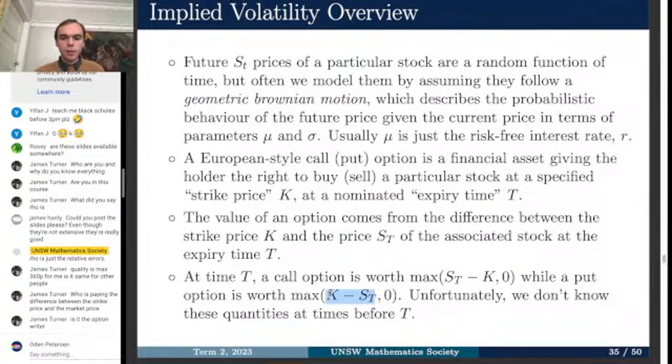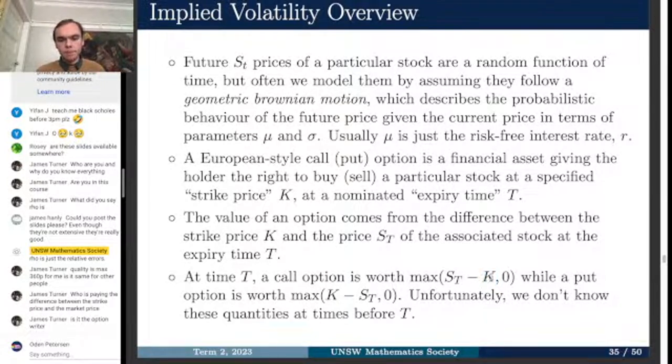And so if an exercise does take place, the writer of the option will need to acquire the stock for price ST in the case of a call option. But they will also get compensated by an amount which is the strike price.